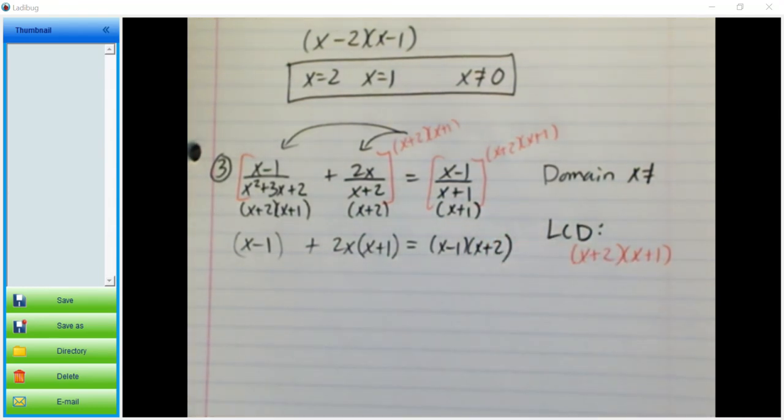Okay, what equation is this resulting in? It looks like quadratic. So let's try to put all our terms together.